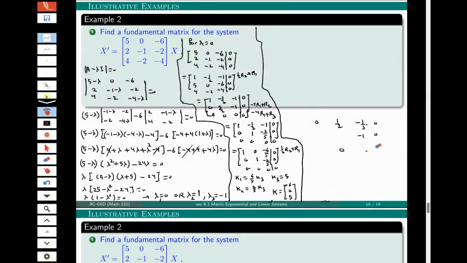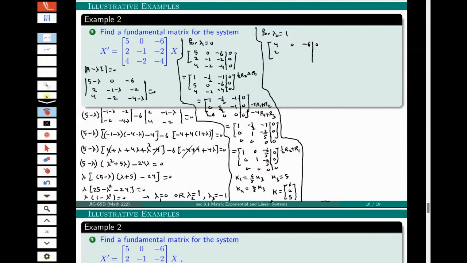Now for the second one, for lambda 2, which is equal to 1, we will solve 5 minus 1, which is 4, 0, minus 6, and that will be 0. It will be 2.